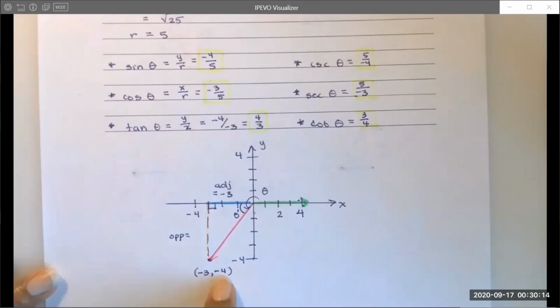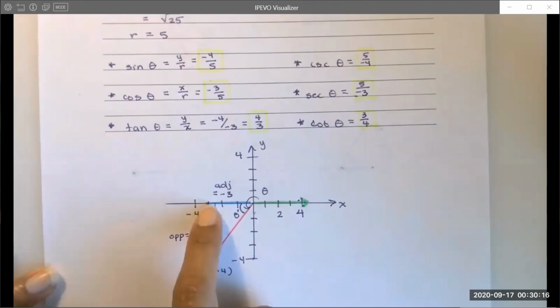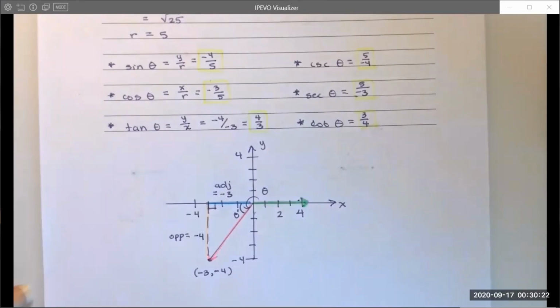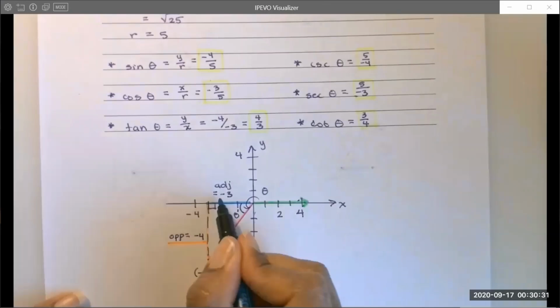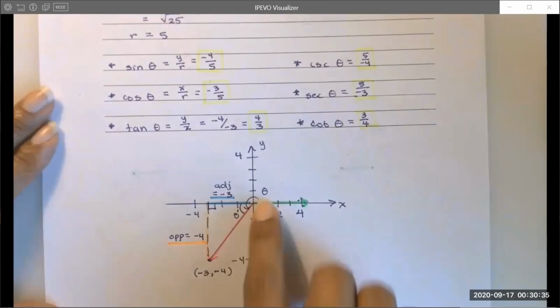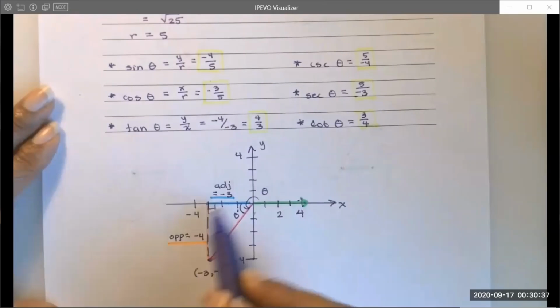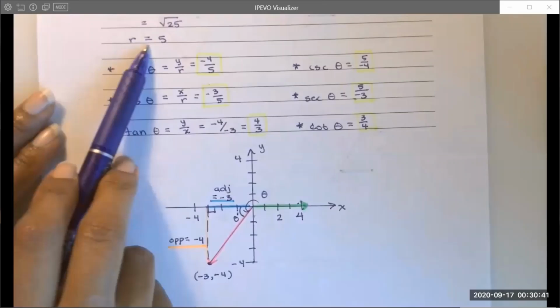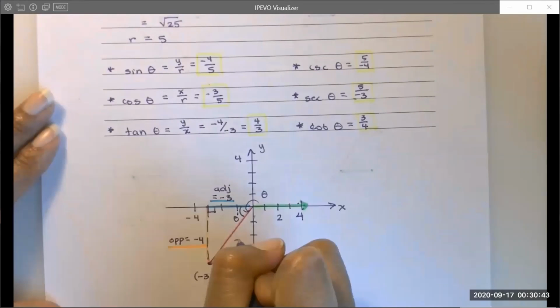It's going to be -4 because we went down 4 units to make it to that point. And so we have -4 and -3 for opposite and adjacent sides. The hypotenuse of this triangle we can find by applying Pythagorean theorem. In fact, we did that earlier and we got an r of 5, so this measures 5.